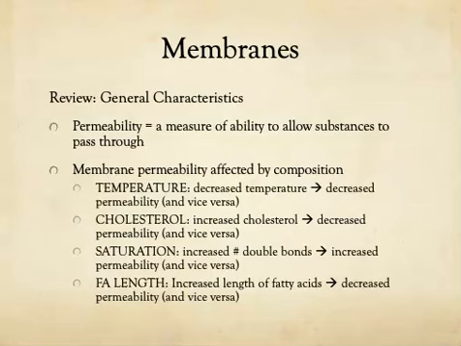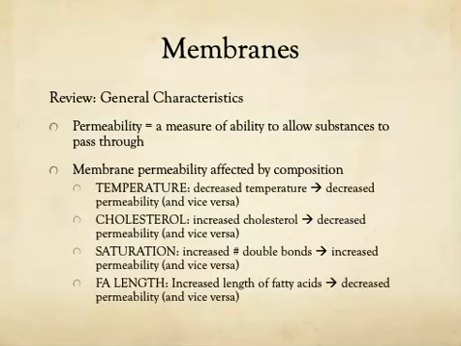When there are double bonds in a tail, we say that that tail is unsaturated. When there are no double bonds, we say that that tail is saturated. So, depending on the saturation in the tail region of a membrane, you'll see changes in permeability.